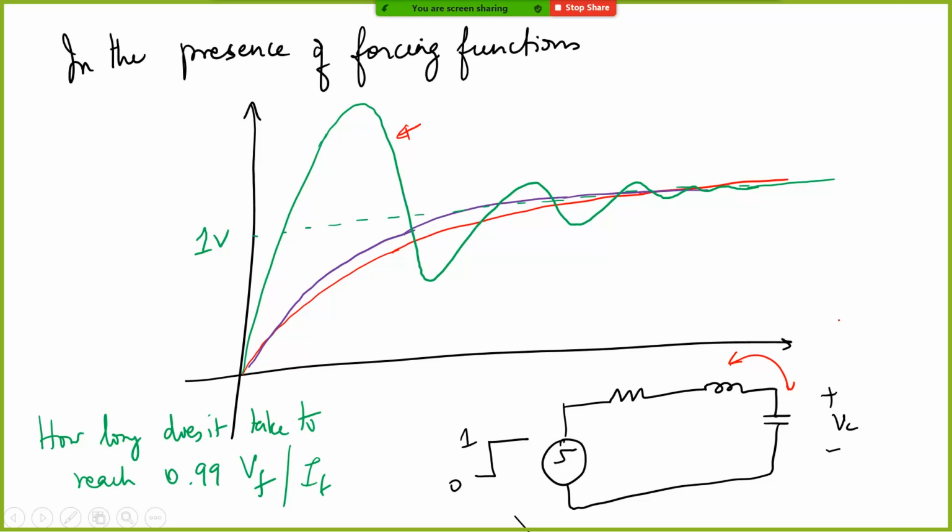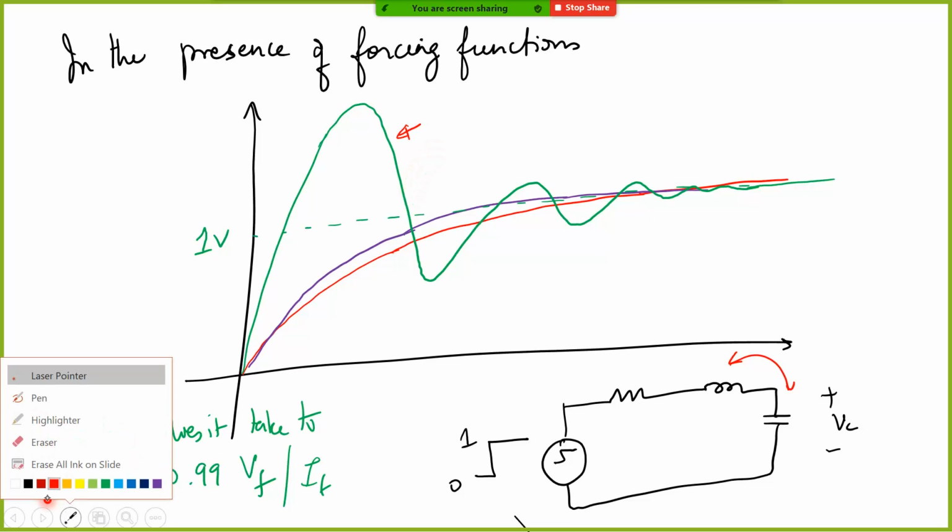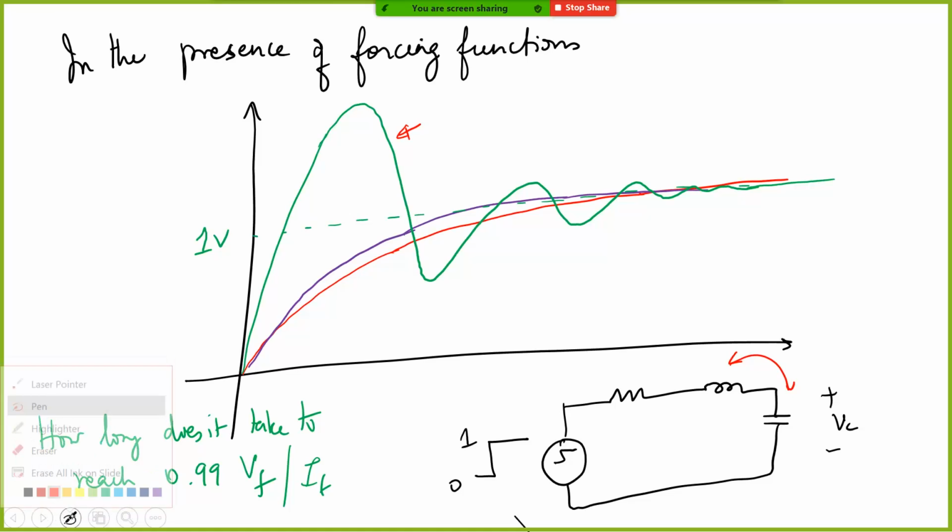So when the energy is being stored in the capacitor in this region, who is giving the energy? The inductor is giving its energy, so the inductor current will be going down. Then when the capacitor voltage flips the sign, after this point the inductor starts charging up. Let me use a different color and try to draw it.